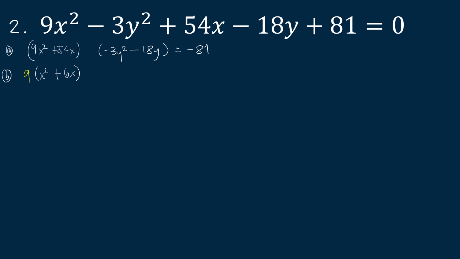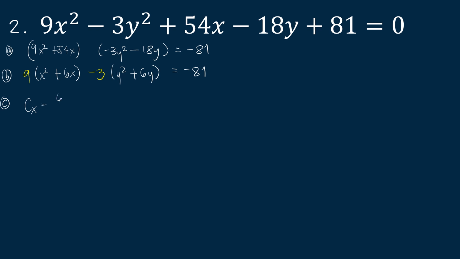Then for the other side, we have negative 3 times y squared plus 6y is equal to negative 81. Continuing, letter C stands for completing the square. So we can see they have the same value of b.